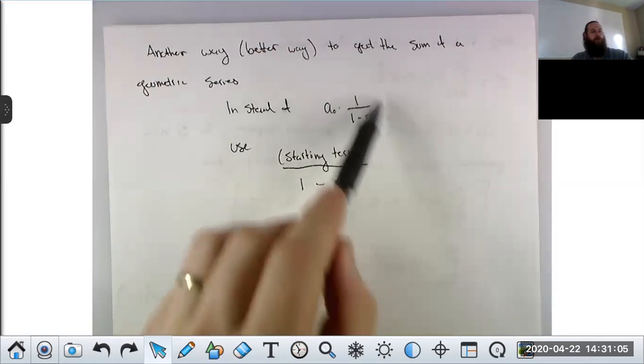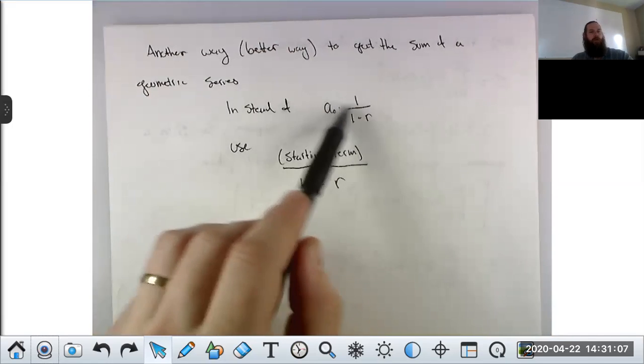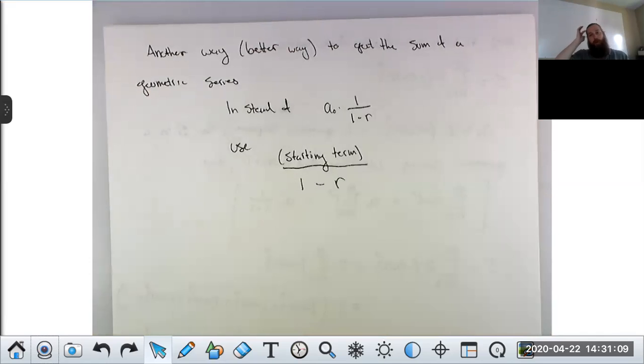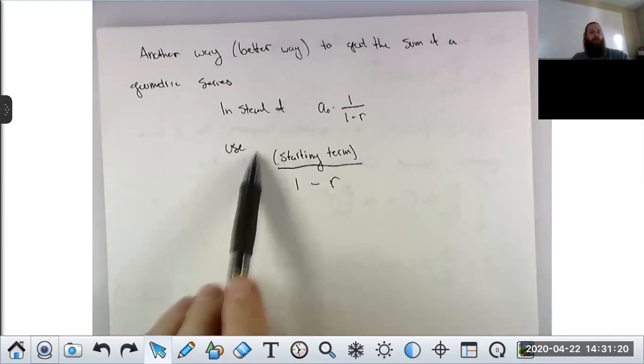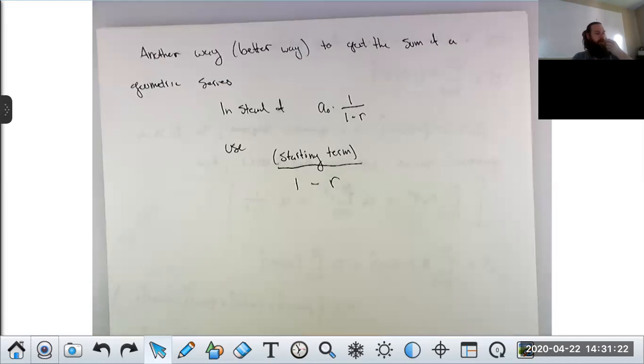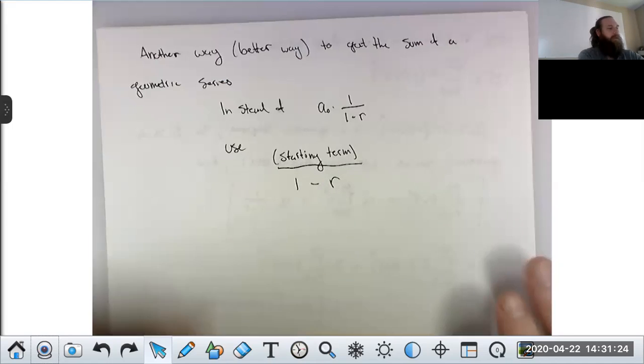This formula works great if your geometric series starts at n equals 0, but many geometric series that we want to play with don't, like the one we just looked at, which started at n equals 3. If your geometric series does not start at n equals 0, use this. So figure out what the starting term is, and then divide that by 1 minus the common ratio.